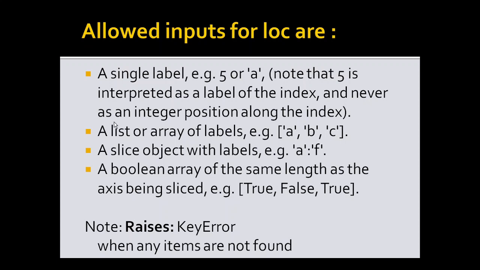Now the second type of input loc can have is a list or array of labels. That means you can give more labels by using a list. Okay, now you can use a slice object with labels. Okay, these are the labels. A boolean array of the same length as the axis being sliced, you can use true, false, true.